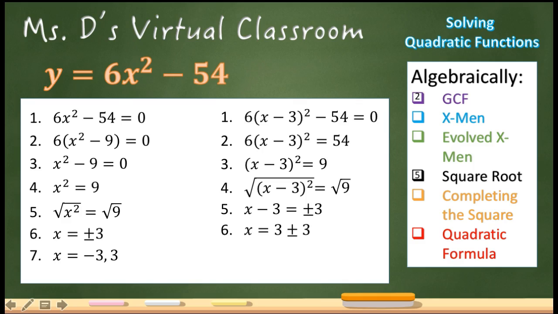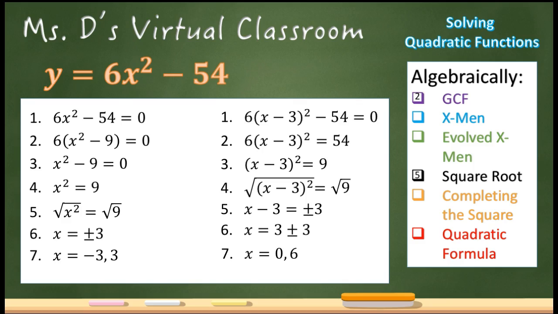So I get x is equal to 3 plus or minus 3. This is the same as saying 3 plus 3 and 3 minus 3. So my solutions are x is equal to 0 and 6. If I plug 0 into the equation, I get 0 minus 3, which is equal to negative 3, squared, which is equal to 9, times 6, which is equal to 54, minus 54, which is equal to 0.